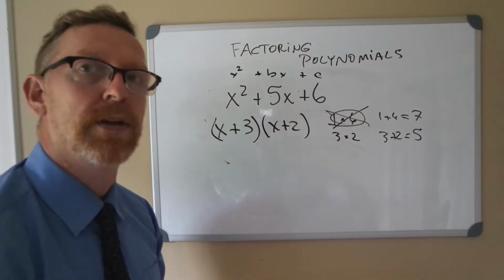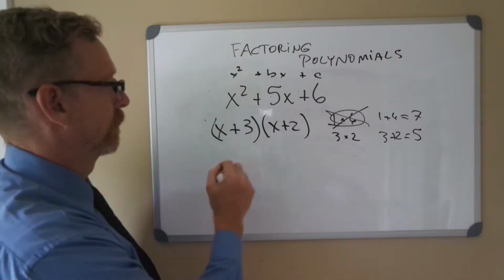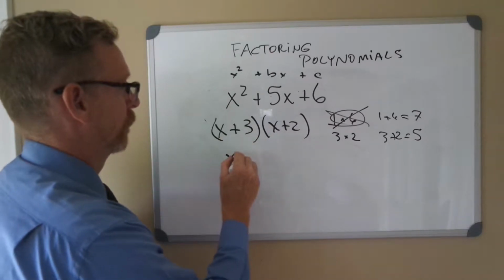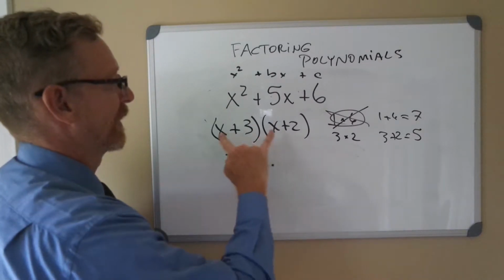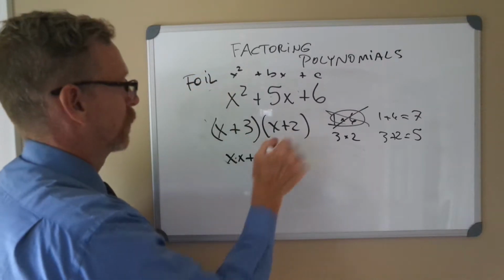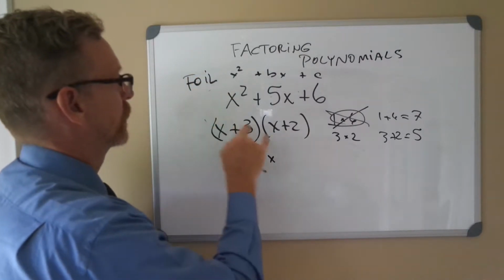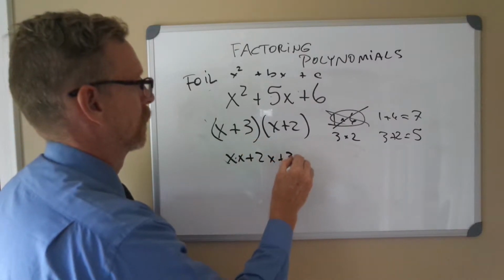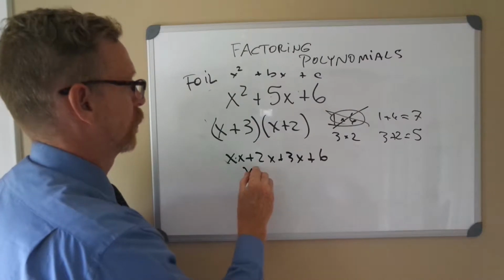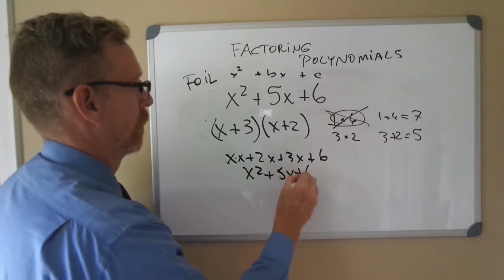If we use the FOIL method and multiply these, FOIL being first terms multiplied together, outside, x times 2, inside 3 times x, last 3 times 2. And that is x squared plus 5x plus 6.